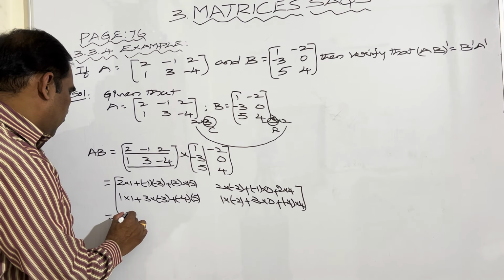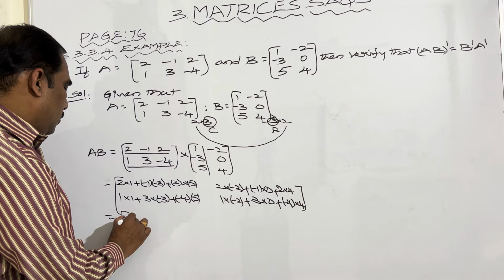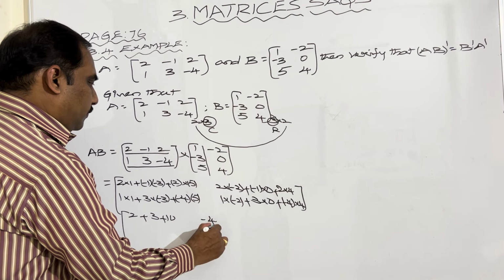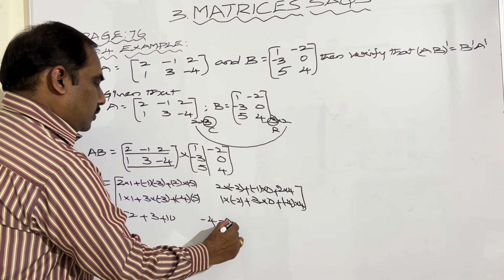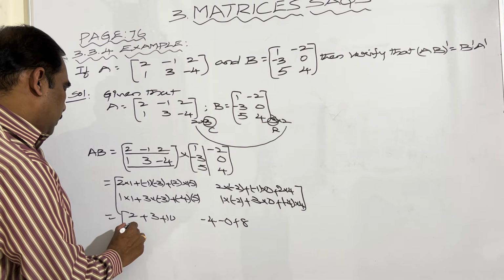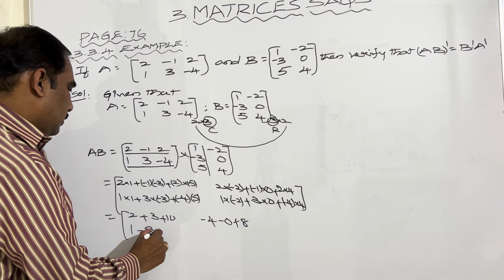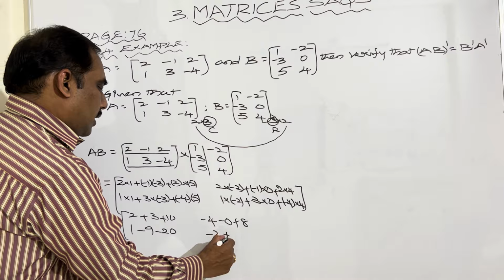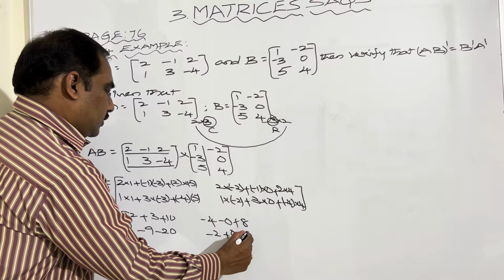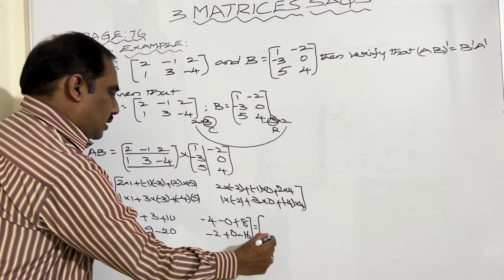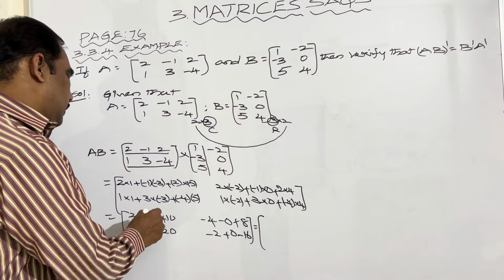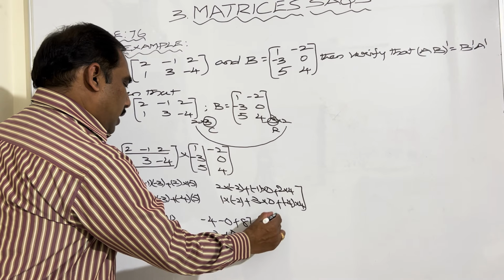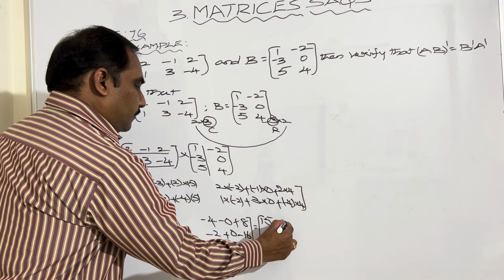See what we get here. After simplifying, 2 plus 3 plus 10 we get 15, and 8 minus 4 is 4.